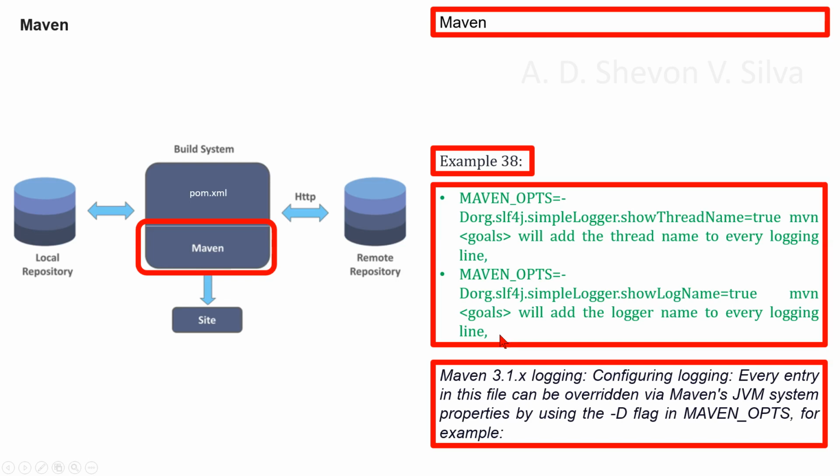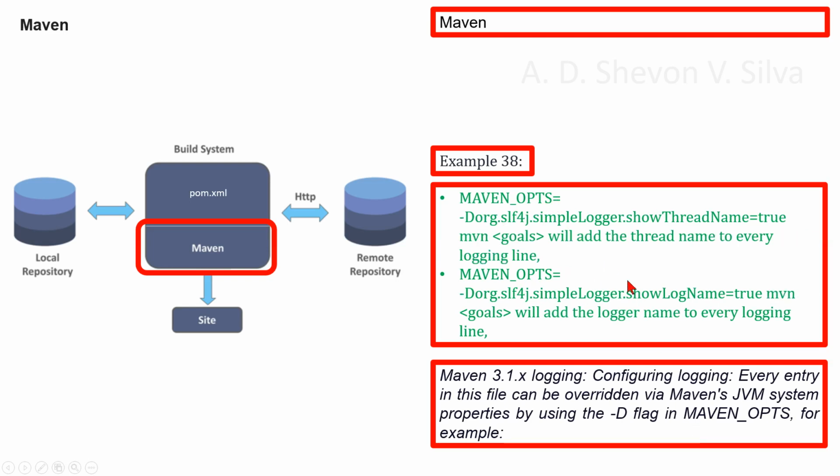Every entry in the file can be overwritten via Maven's JVM system properties by using the -D flag in Maven options here. For example, here you can see this: setting the thread name property to true, and Maven goals will add the thread name to every logging line.